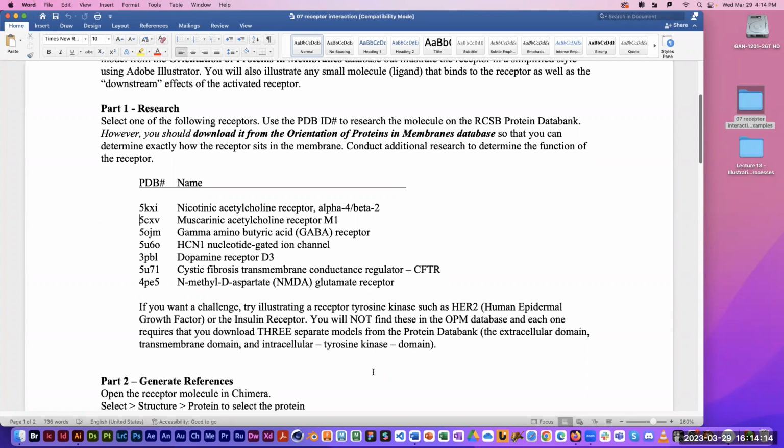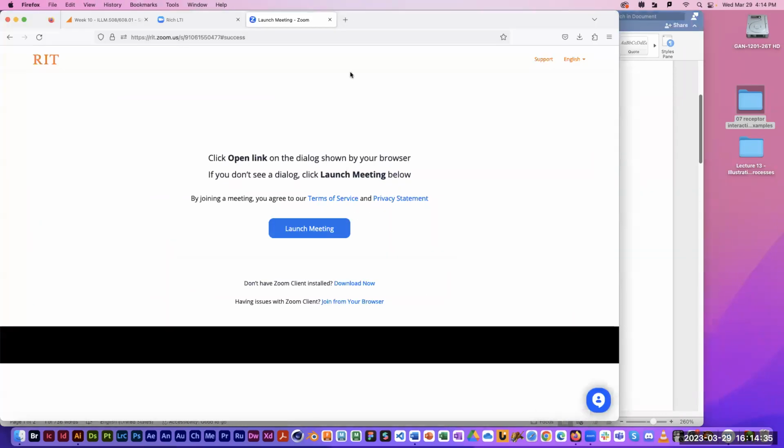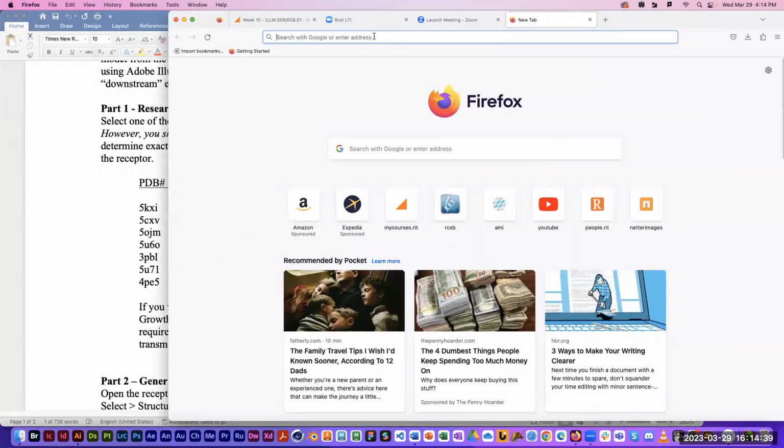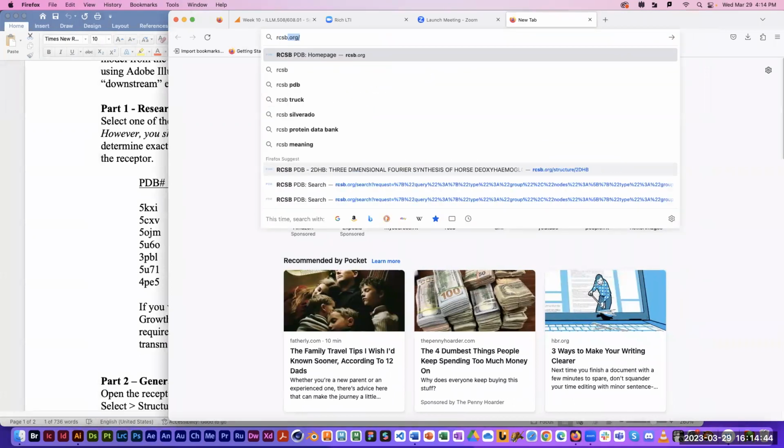Once you've picked a molecule to illustrate, a receptor or a receptor process to illustrate, I want you to do a little research on it in the protein data bank. So if I were to choose, this number like this, 5KXI, if I go to my protein data bank, and you can use the link that I have in my courses, or eventually you just get so you memorize it, rcsb.org.